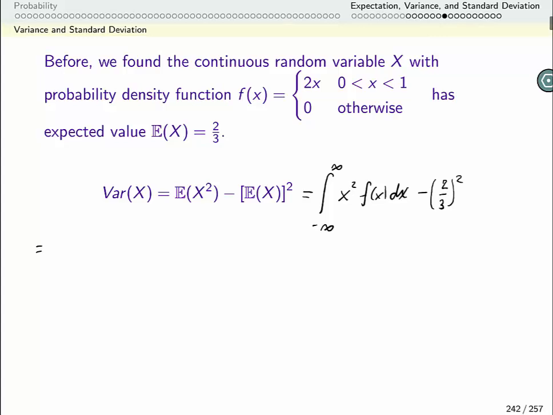As we've seen before, in this particular case, because our probability density function is 0 outside of the interval from 0 to 1, I can replace this with a bunch of zeros and then the integral in the interesting part. So instead of considering everything from -infinity to infinity, the non-zero bit is between 0 and 1. And on that interval, my probability density function is 2x.